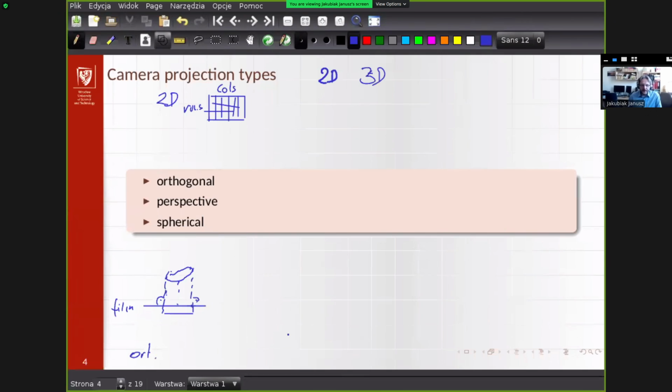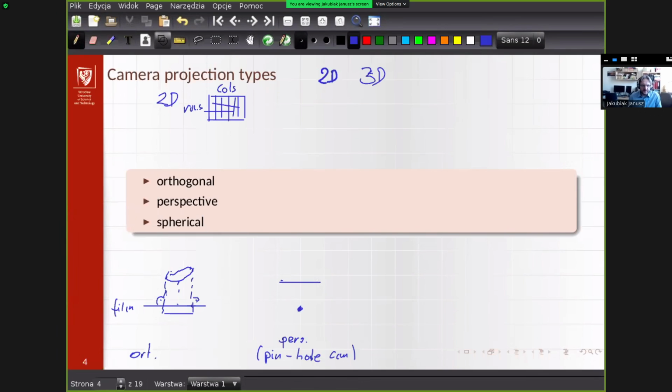What you normally get is the perspective projection, sometimes interpreted as a pinhole camera, which you probably know from physics and optics.